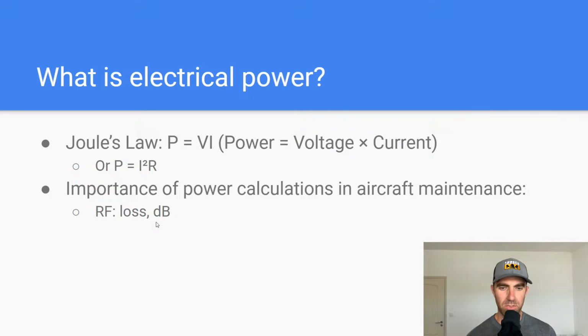So dB is decibels, but yeah, power loss is when I think of using that in a practical way in aviation, I think most commonly I've come across it in calculating the size of a coax cable that you would need to use in a radio or any sort of RF system. So that's one case where you might need to use it.